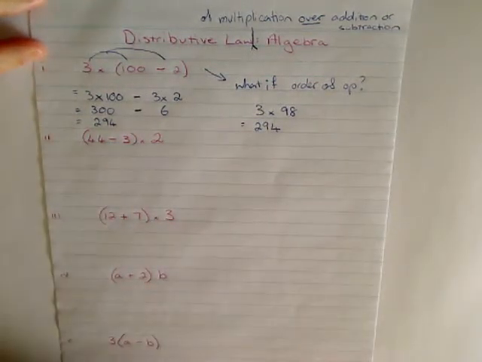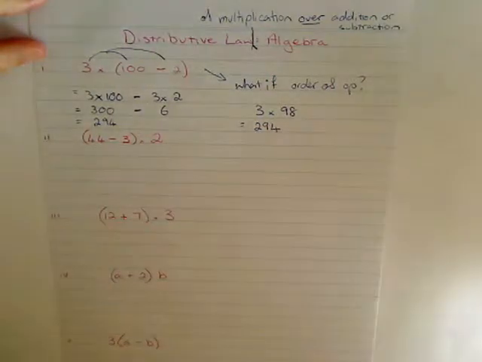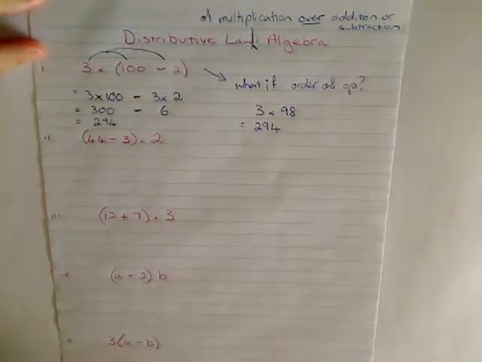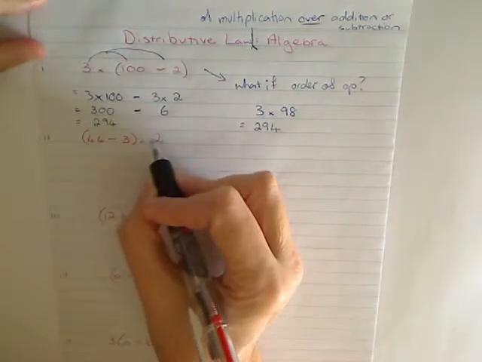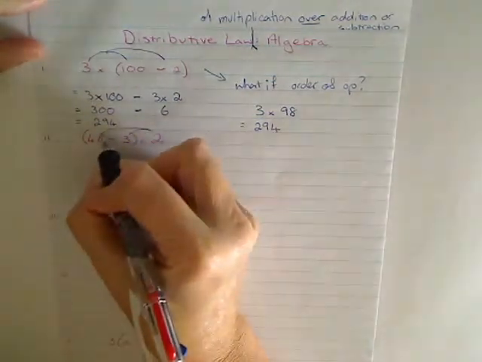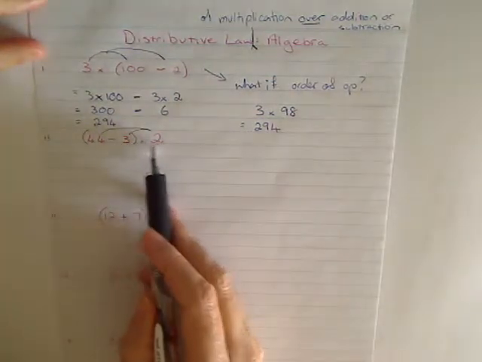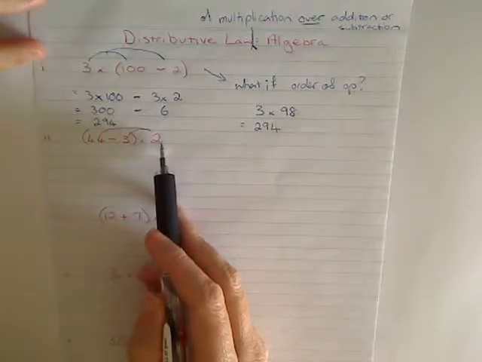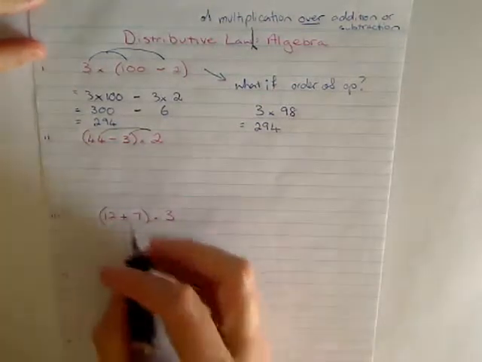Let's have a look at the second one now. I'm going to change my coloured pens, and multiply the 2 over the top of the subtraction again, and I'm not going to be thrown off by the fact that the 2 is at the back of the brackets. It's still a factor, still can multiply.